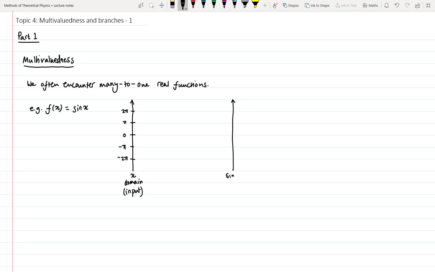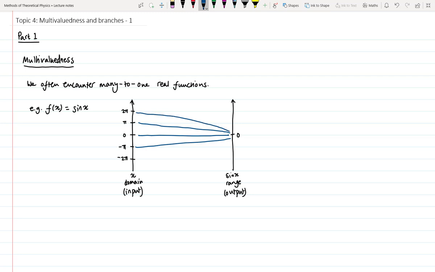We have sine of x. This is the range of the function, which we understand to mean its output. And we know that all of these values of x, when plugged into sine, return 0. So we can draw this as a mapping of multiple input values to the same output value of 0.